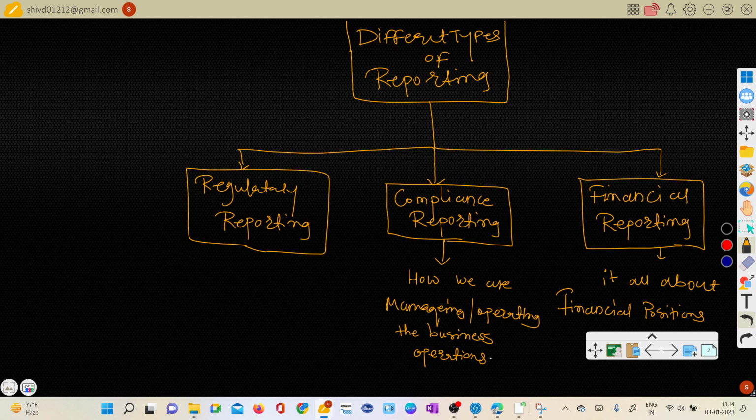For example, KYC. KYC needs to be performed for all the investors on a quarterly basis, or maybe on a monthly or yearly basis. That depends. So that comes under your compliance. All right, so compliance is all about governance.